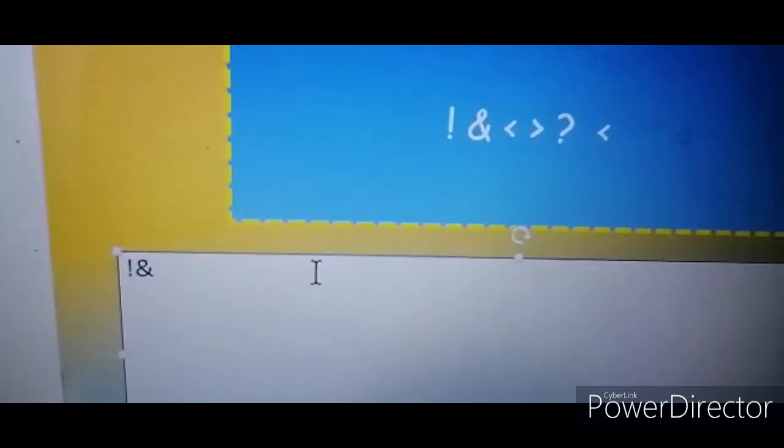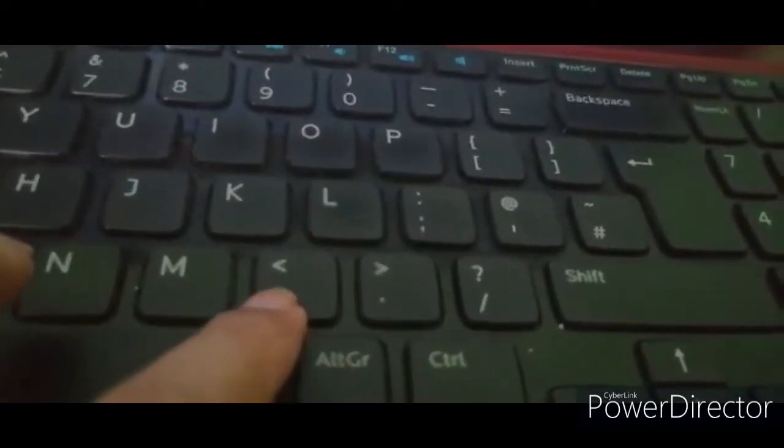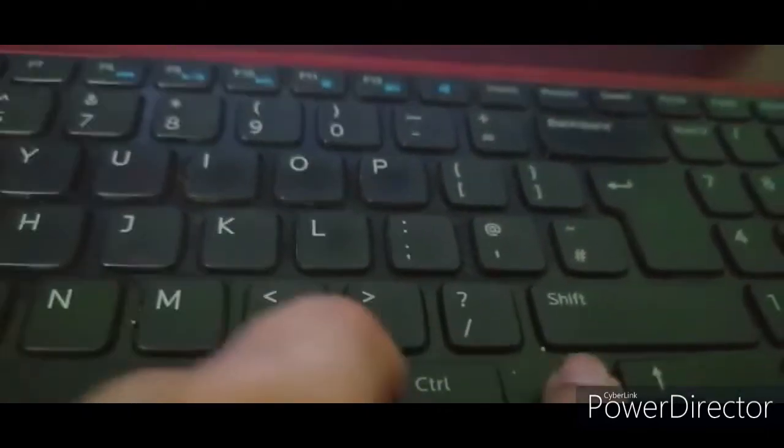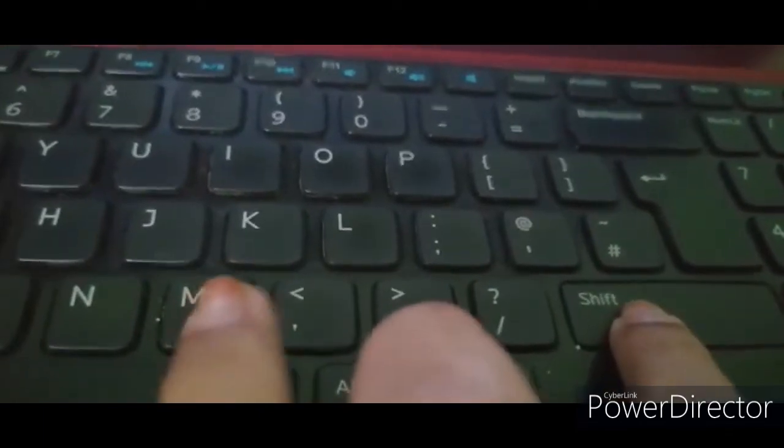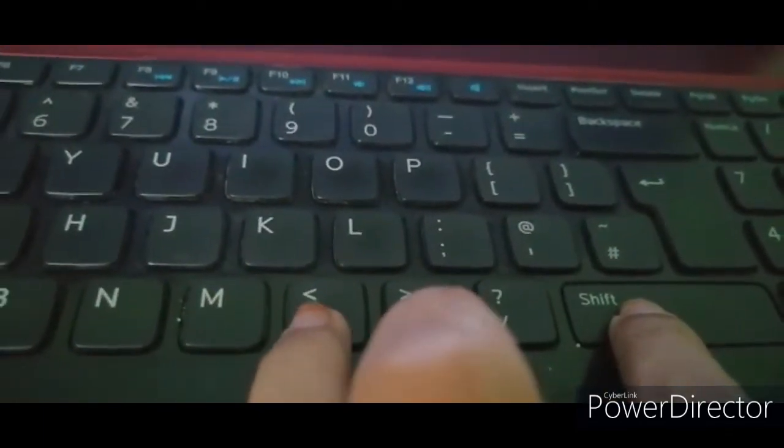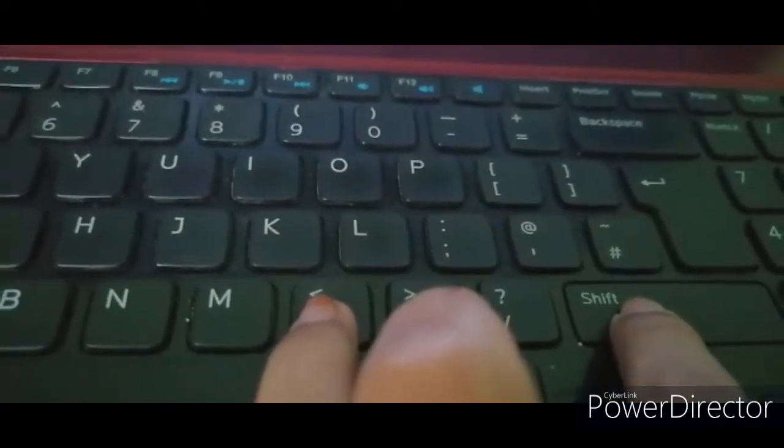Let's continue with symbol less. Symbol less is here. So one finger on Shift key and one finger where the symbol less is.